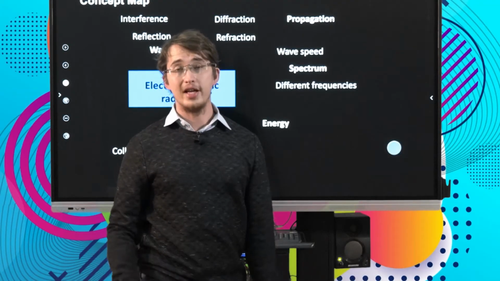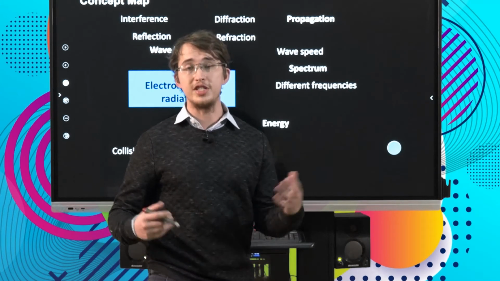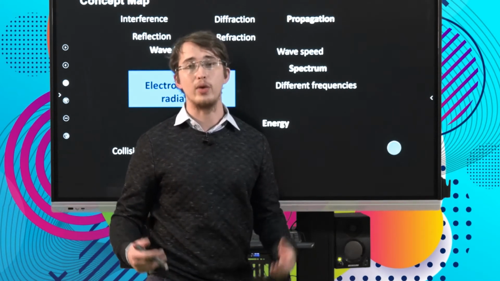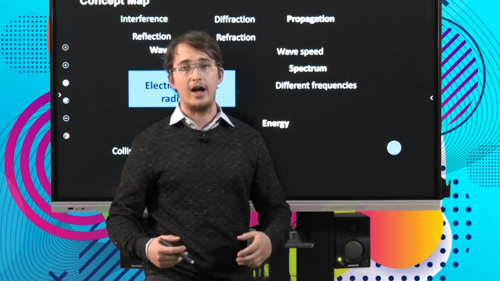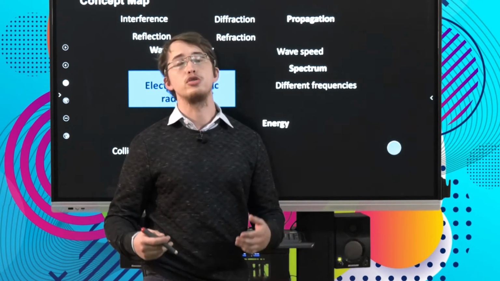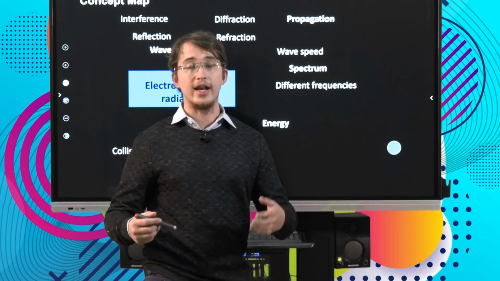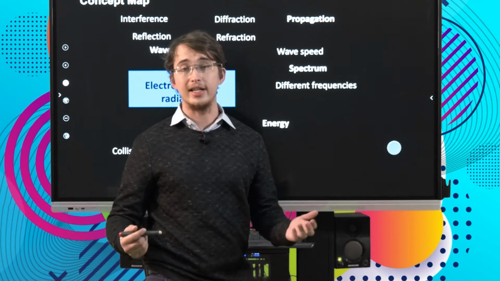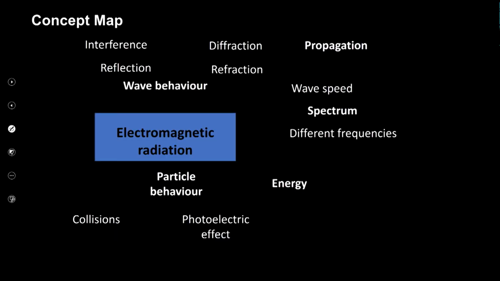Welcome back from that short little break. It's time now to delve deeper into electromagnetic radiation. We're now going to take a closer look at the wave equation and how it applies specifically to electromagnetic radiation. And later, we're going to have a look at how electromagnetic radiation propagates. So let's head to our concept map.